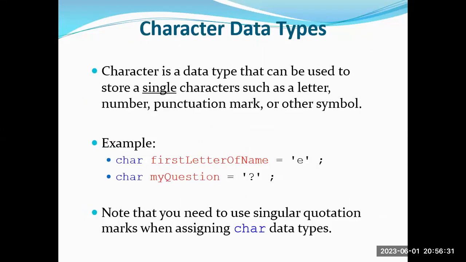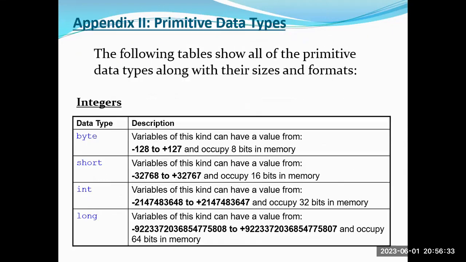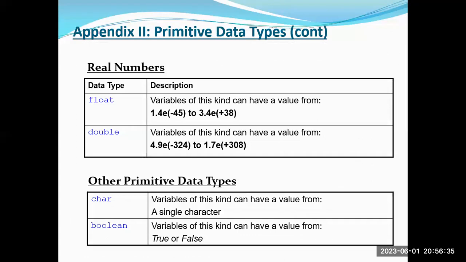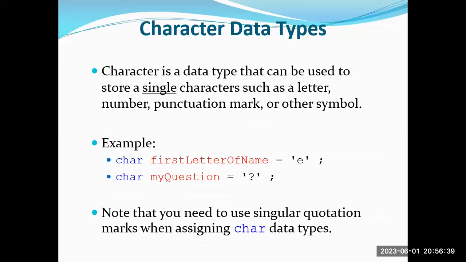Okay, so I'm coming to char and string. When I say char, let me come to the example I put here. If you look at this, when I say char, first letter of name, it can store only one thing, only one. I'm putting only one value inside.